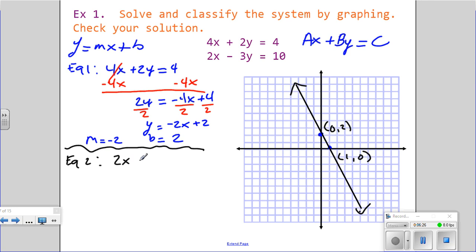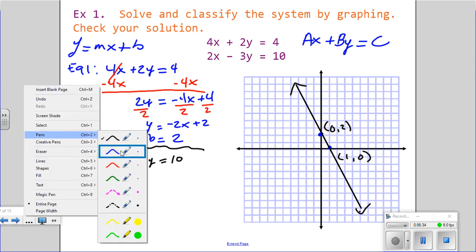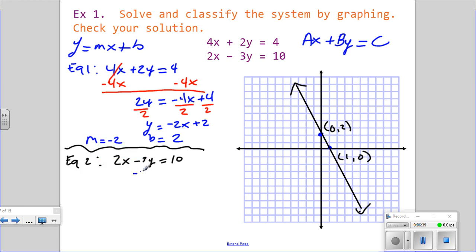So 2x minus 3y equals 10. I would subtract 2x on both sides. I'm not going to demonstrate that. I'm just going to show you the result. That would leave me with negative 3y equals negative 2x plus 10. Again, I subtracted 2x on both sides.